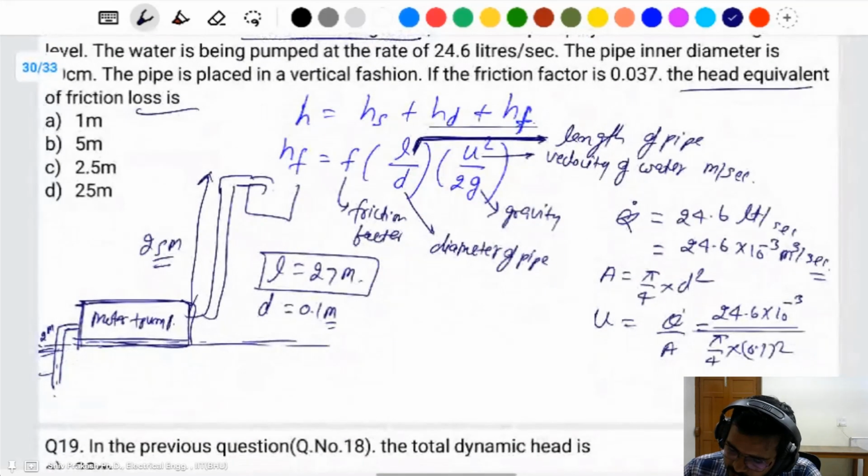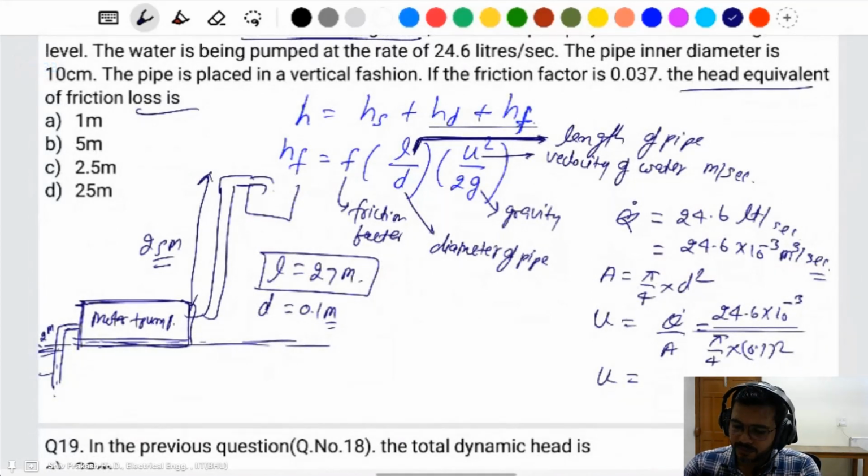What is the velocity of water? It is 3.13 meter per second.